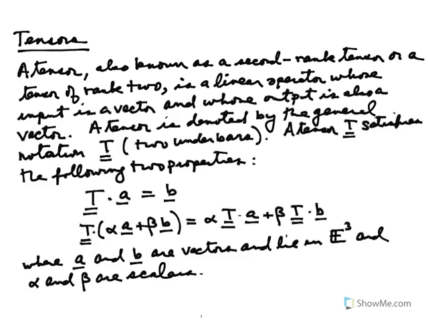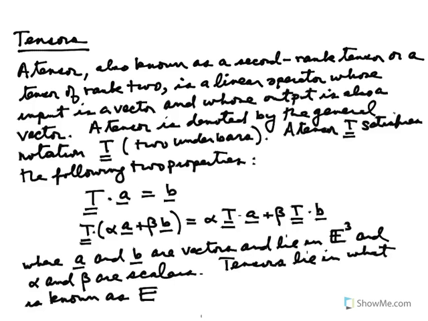Now you can see that the input to a tensor is a vector and the output is also a vector. So tensors lie in what is known as E3 by 3, in other words, 3 by 3 Euclidean space. That's the space in which tensors lie. Those are the properties of a tensor.